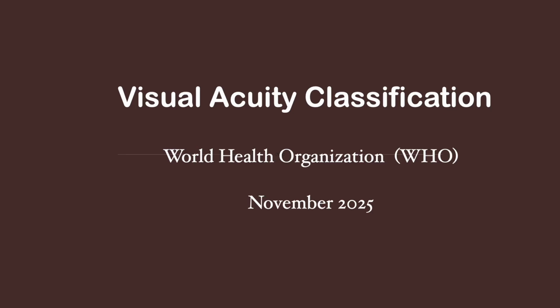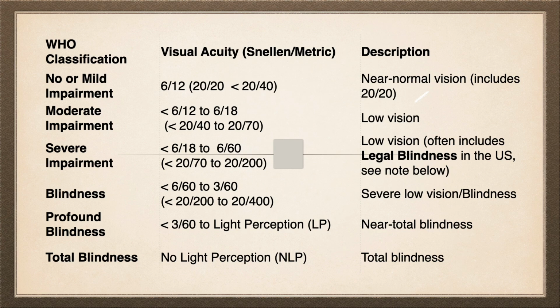Visual acuity classification based on the World Health Organization as of November 2025. The World Health Organization classifies vision impairment based on best corrected visual acuity in the better eye, using categories for mild, moderate, severe impairment, and blindness.